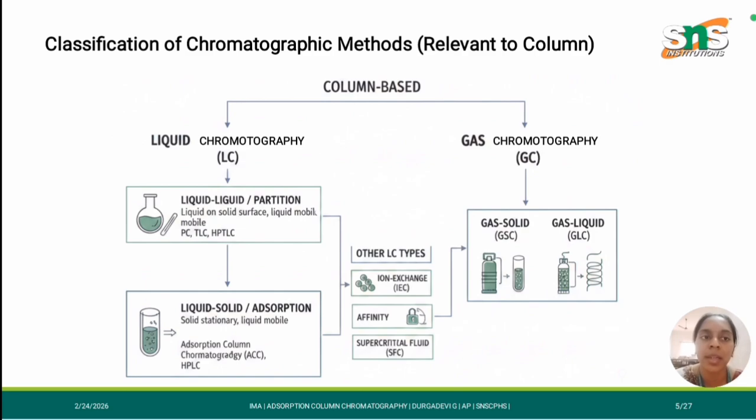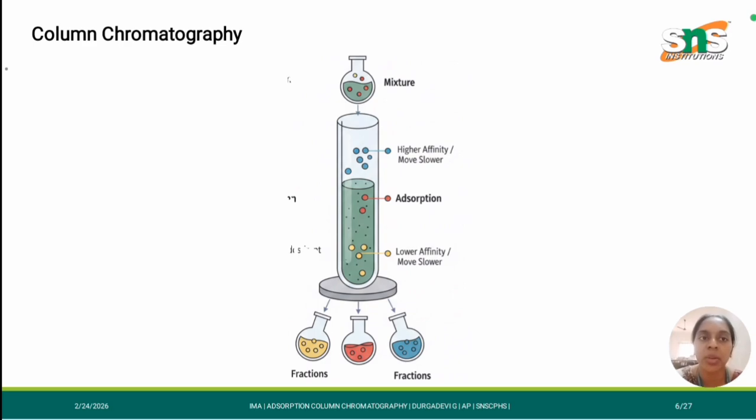In gas chromatography, it can be classified into gas-solid chromatography and gas-liquid chromatography. And the other LC types are ion exchange, affinity and supercritical fluid chromatography. Among these, we are going to see column chromatography. Column chromatography involves a column in which the adsorbent or stationary phase is filled inside the column, and the sample mixture is applied from the top of the column.